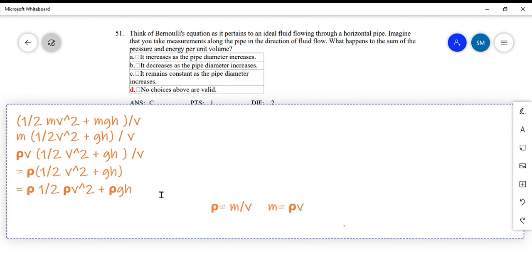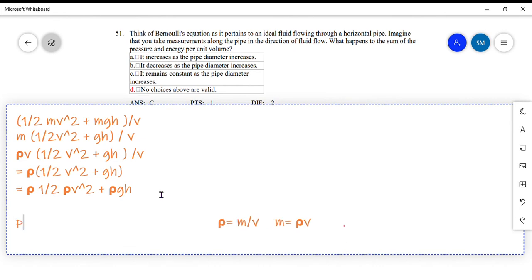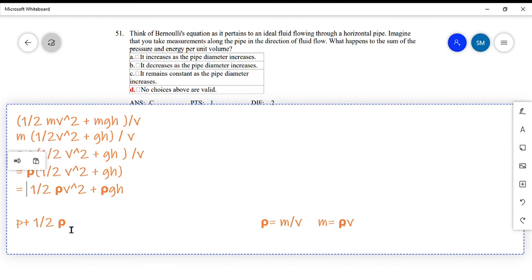He asked in the question about the pressure plus the sum of energy per unit volume. I'm sorry, we have to remove this from here. v square plus gh.